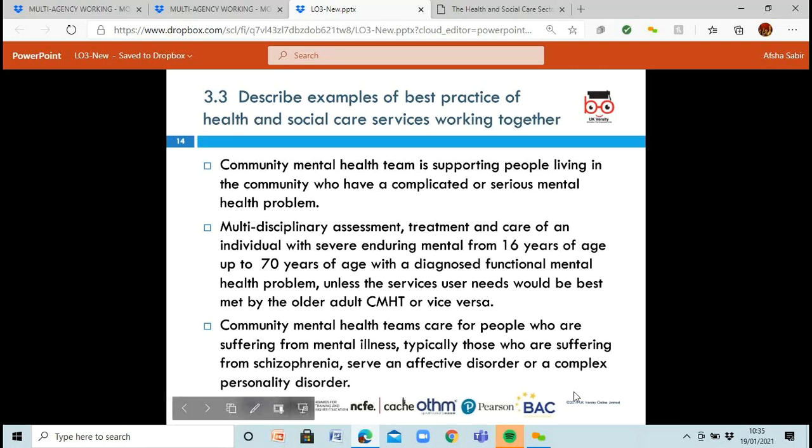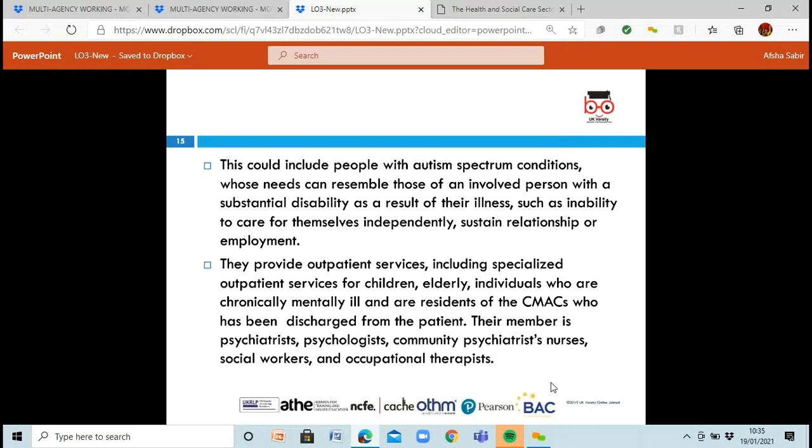So these community health teams, they're actually there to care for people who are suffering from mental illnesses, things like schizophrenia or severe disorders or personality disorders. There are a couple other areas that they do cover. So it could be for people who are on the autistic spectrum, people who actually need a little bit more stability within their own lives.